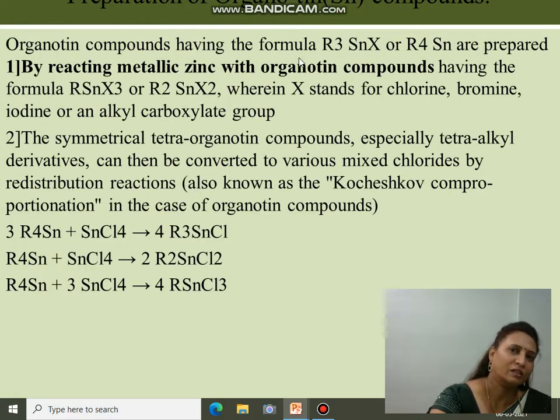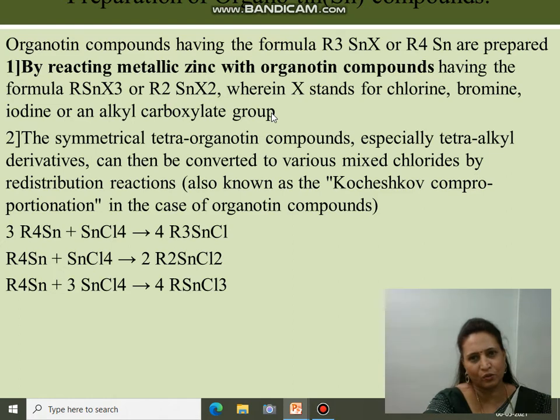Organotin compounds having the formula R3SnX or R4Sn are prepared, first one by reacting metallic zinc with organotin compounds having the formula RSnX3 or R2SnX2, where X stands for halides such as chlorine, bromine, iodine and alkyl carboxylate group.